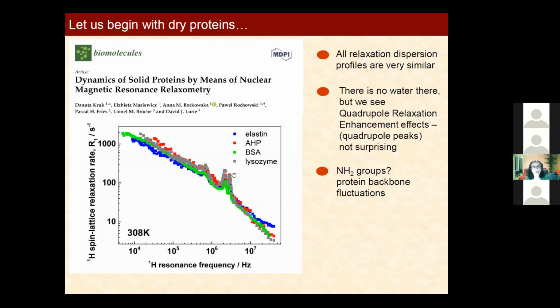There are, of course, also several ideas what it might be, NH2 groups. I will say in a second, in more detail, or maybe I should say it now, that in general there are two contributions to proton relaxation in proteins: proton-proton dipole-dipole coupling and proton-nitrogen dipole-dipole coupling. And those so-called quadrupolar peaks stem from proton-nitrogen dipole-dipole coupling.